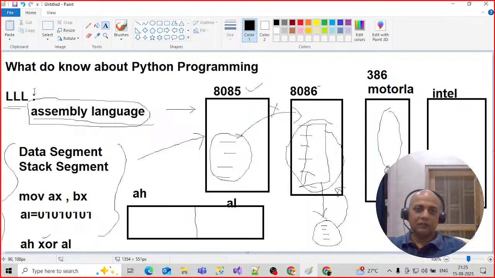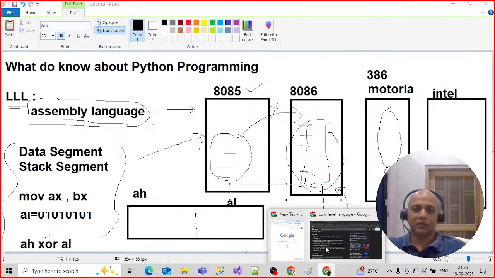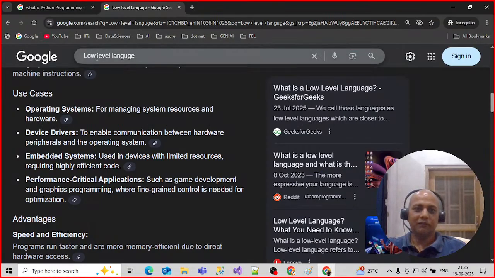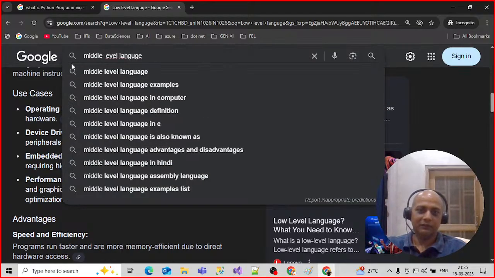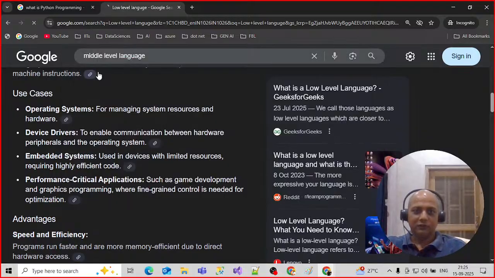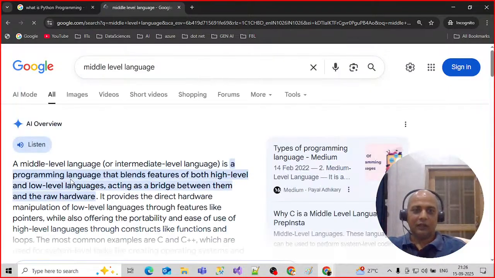Right, so this one is the low level. Then came middle level language. You can also check out middle level language, or intermediate language.